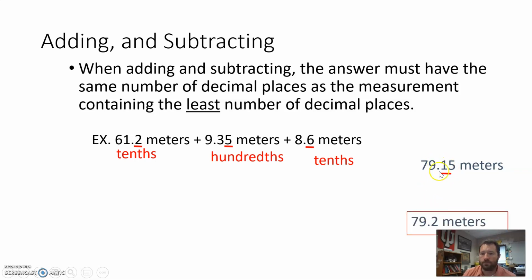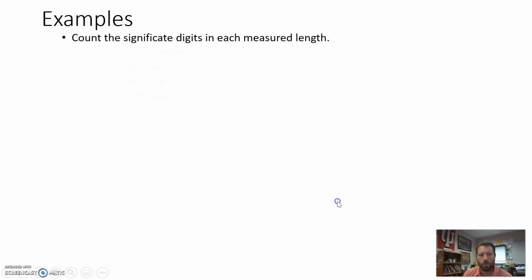So I'm going to round 79.15. 5 is big enough to have me round up. 79.2 meters. Now my last digit is in the tenth spot, and that works because 8.6 and 61.2 go only to the tenth spot. Doesn't matter that this one goes to 9.35, the hundredths spot. We're limited to the tenths spot.